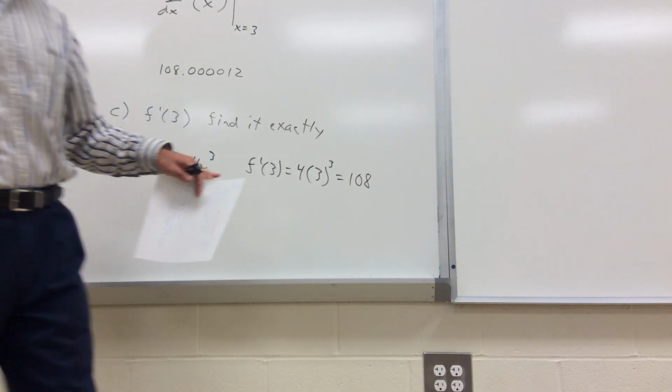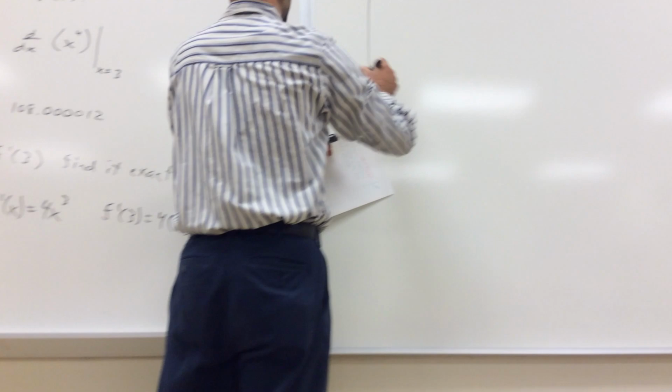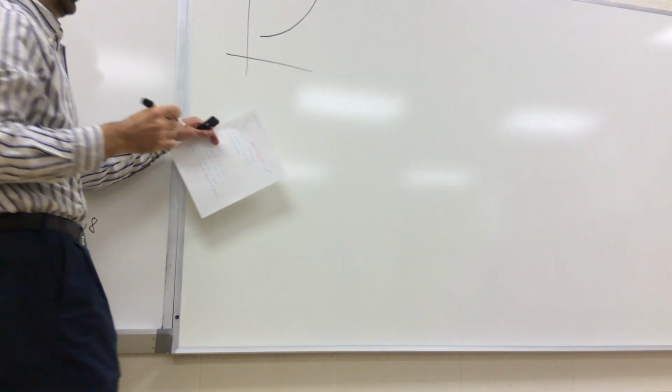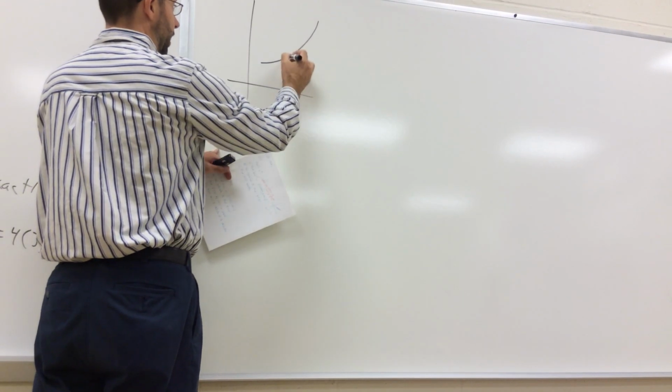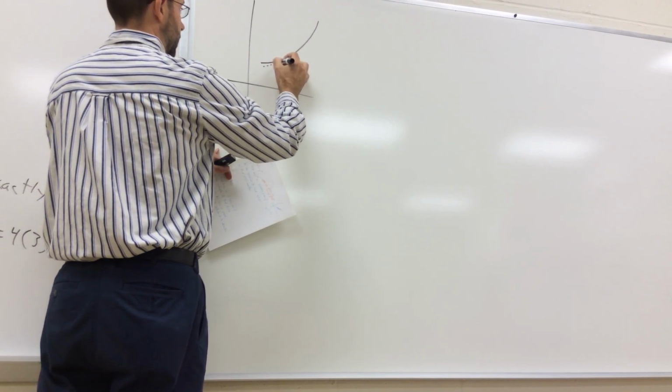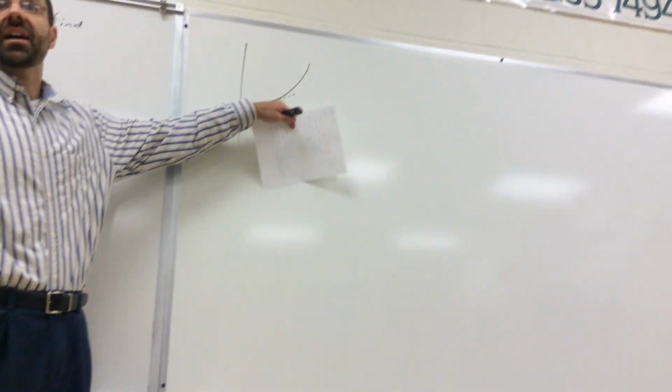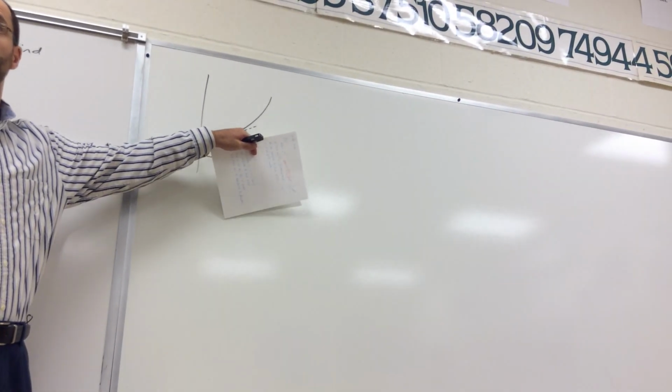Okay, so here's what's going on. We've got our x to the 4th function. And we want the slope at 3, right? So the 108 is the slope, the exact slope of that tangent line.